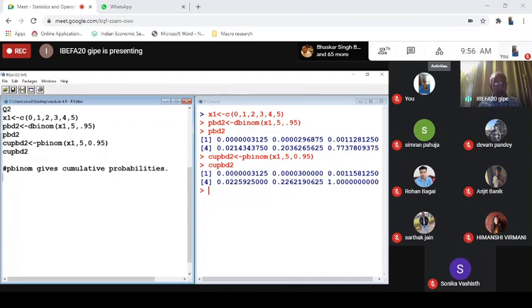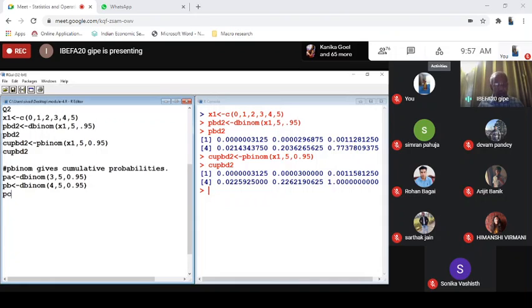So in this question, PA, the first probability will be exactly 3, which means D binom. And the next will be PB. Again D binom 4, 5, 0.95.